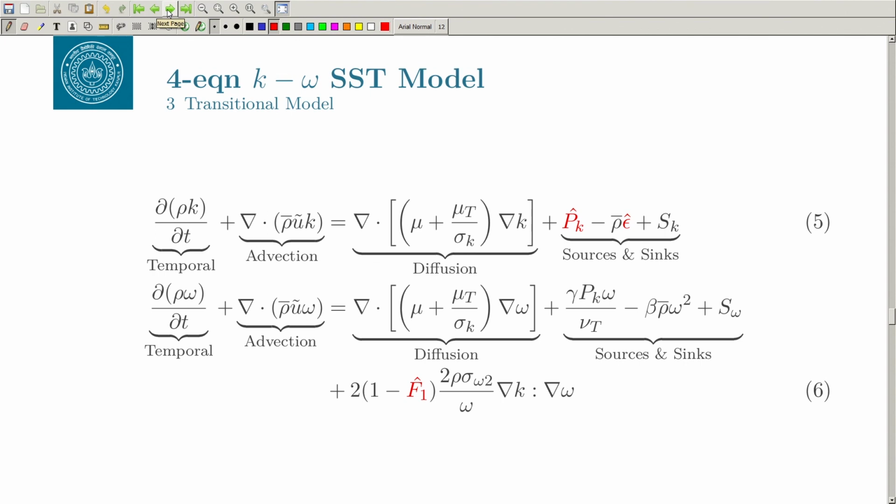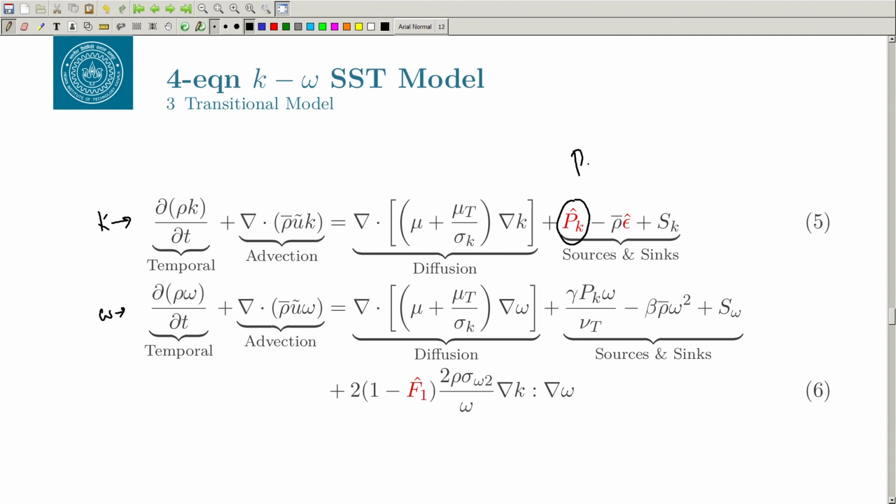So let us look at this four equation k omega SST model. The baseline equations are basically still your k and omega equations. So this is your k equation, and this is your omega equation, but you see that there are certain changes in the equations. This is your production of kinetic energy.